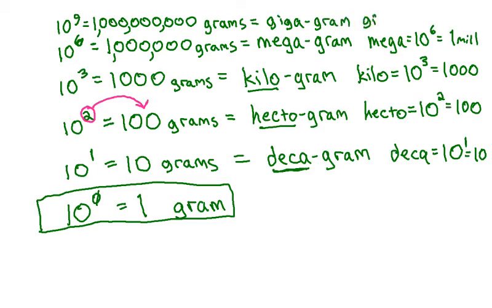So giga means 10 to the ninth, or 1 billion. So you notice this pattern here? We have 10, means deca. Hecto means 100. Kilo is 1,000. Mega is a million. And giga is a billion.